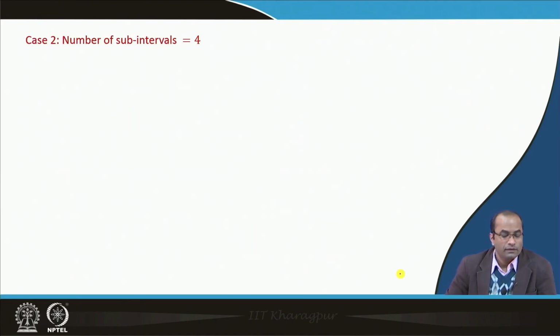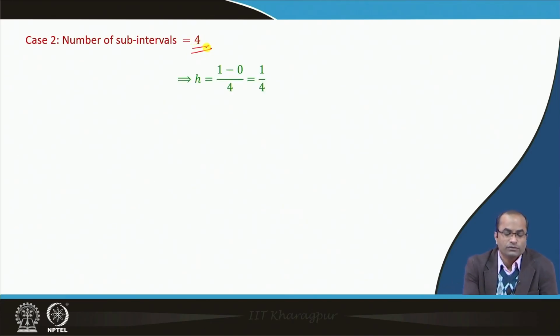This can be evaluated and we get the value 0.25833. When we take the number of sub intervals as 4, our h will be 1 by 4, because now 0 to 1 is divided into 4 intervals. So naturally the nodes are 1 by 4, then 2 by 4, then 3 by 4, and 1.